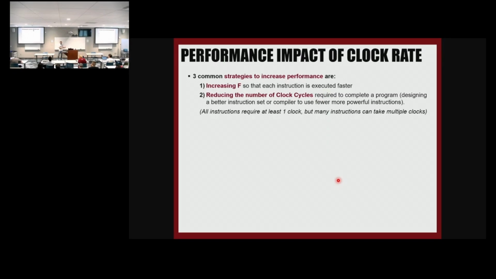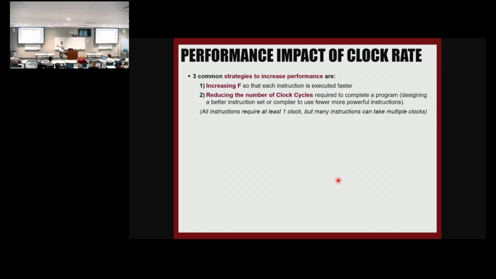If you oversimplify everything, let's say you have a processor that doesn't have a multiplier, you don't have a special multiplier designed for your processor. You have to use addition to do your multiplication. If your addition takes 1 clock cycle, you probably need like 30, 40 clock cycles to finish one multiplication.